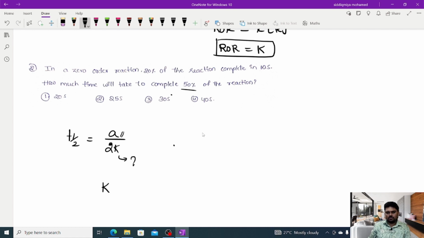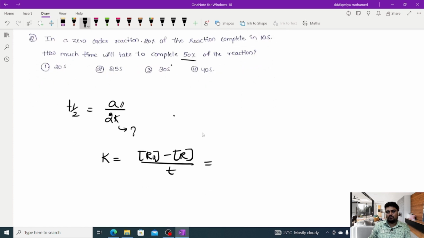K is equal to R0 minus R by t. R0, the initial concentration, we can take as 100. In the zero order reaction 20% completes, so 20 is completed.